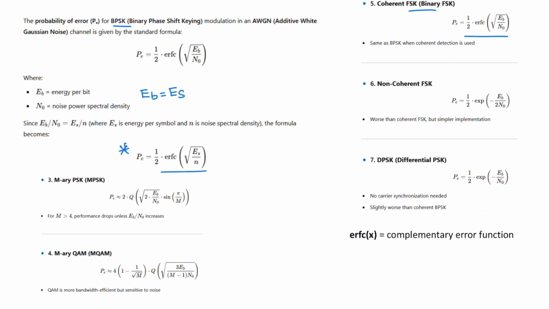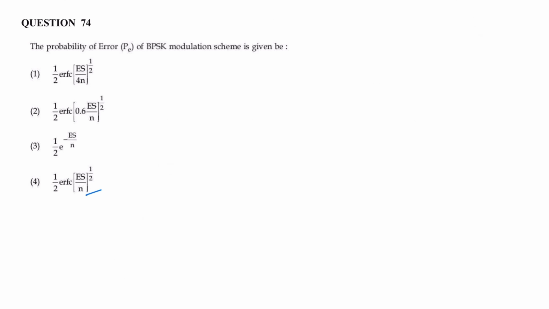For differential PSK, 1/2 exponential of minus Eb/N0. For M-ary QAM, probability of error is 4 times (1 minus 1/root M) times Q function of square root of 3Eb/((M minus 1)N0). For M-ary PSK, the probability of error is also given. Therefore, as per this question, probability of error for BPSK is 1/2 erfc of square root of Es/N0 or Eb/N0.